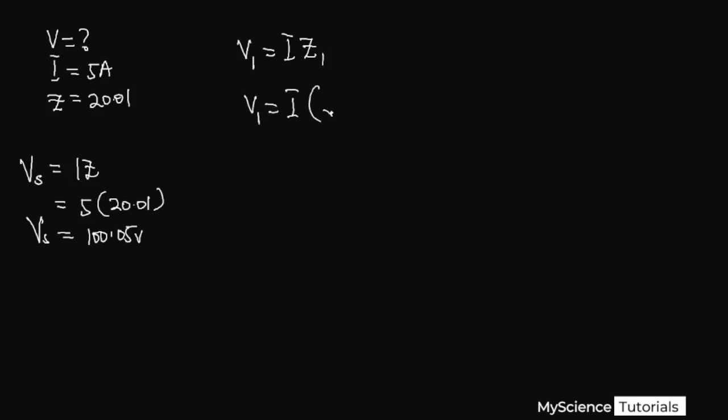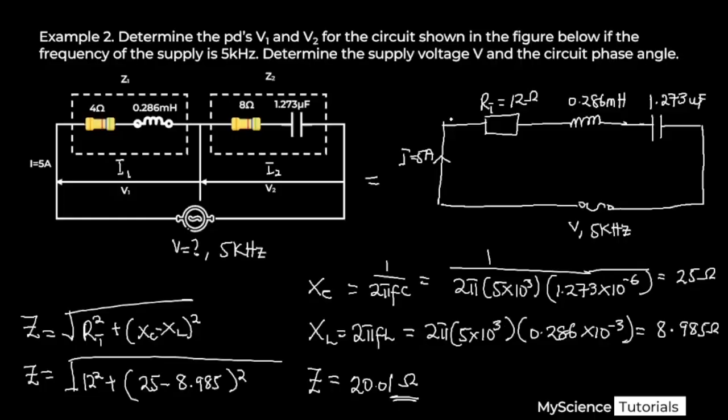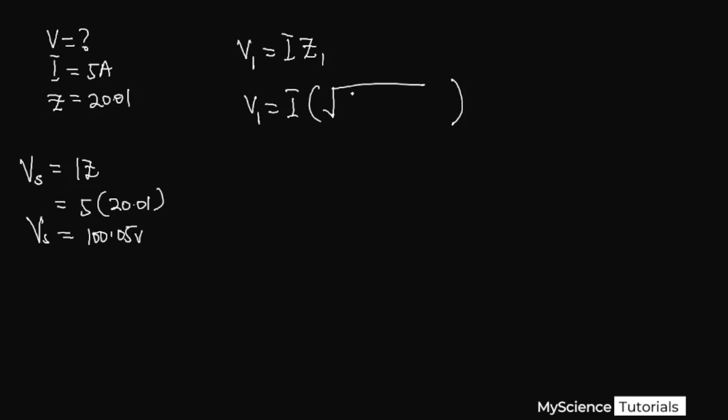Now what is impedance 1? Impedance 1, if we look at the diagram, we realize that impedance 1 has a resistor of 4 ohms and then an inductor of 0.286 microhenry. So it means that our impedance is going to be the root of R squared plus XL squared.